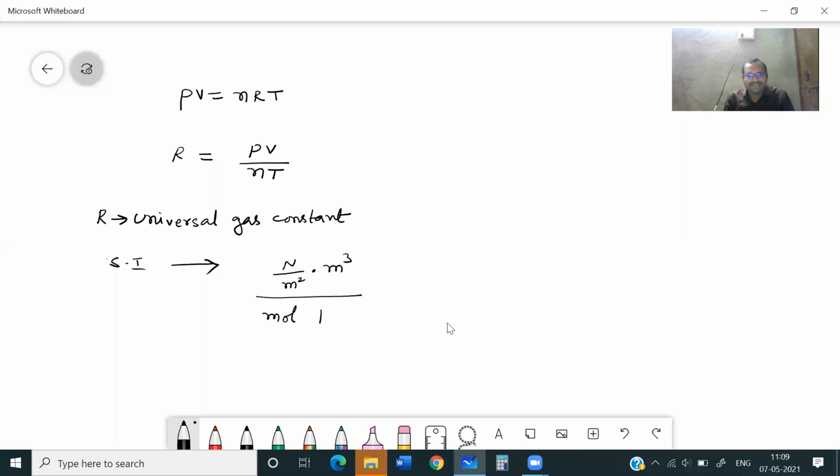And T is Kelvin. So meter square, meter cancel. What do you get? Newton into meter upon mole Kelvin. Newton into meter is nothing but joule. So joule per mole Kelvin. This is the SI unit of universal gas constant. It is important. What is the SI unit of universal gas constant? Joule per mole Kelvin.